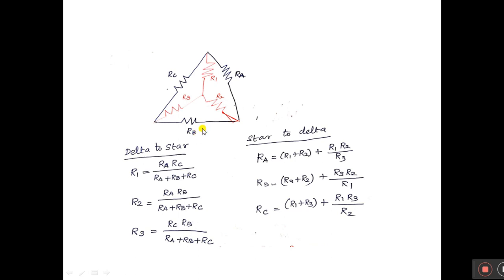Similarly, when you calculate RB, R3 into R2 divided by which resistor is not available here? R1. You put R1 in the denominator, plus R3 plus R2. Similarly, to calculate RC, R1 into R3 divided by the remaining resistance R2, plus R1 plus R3. Very simple, right? So note down this superimposition. You can easily remember the formulas.